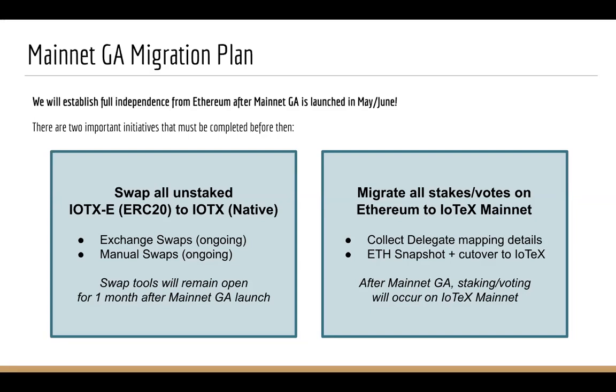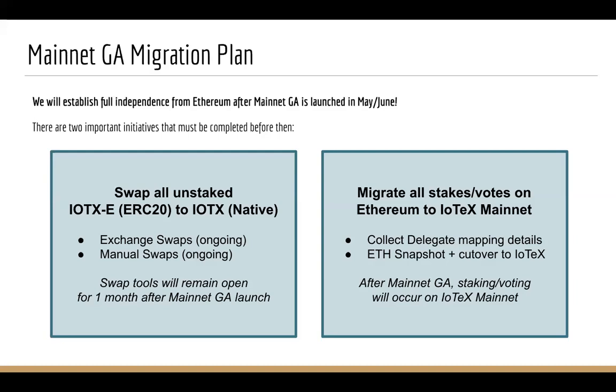from Ethereum. One is already ongoing, right? It's swapping all of the unstaked, loose tokens out there, the ones that live on exchanges and in your wallets. Exchange swaps have been mostly completed. Exchanges like Gate, KuCoin, and Binance are all supporting native IoTeX now.